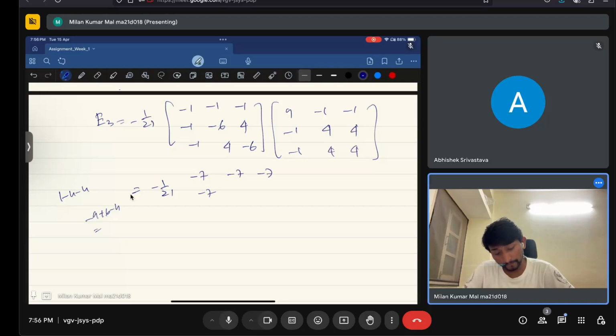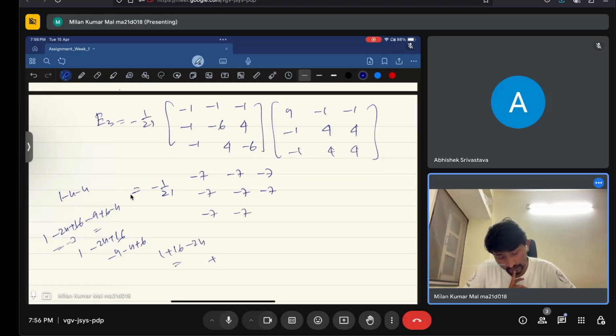Next is 1 minus 24 plus 16, that is minus 7, and again 1 minus 24 plus 16, minus 7. Next is minus 9 minus 4 plus 6, that is 13, again minus 7. Next is 1 plus 16 minus 24, that is minus 7, and again 1 plus 16 minus 24, that is minus 7.